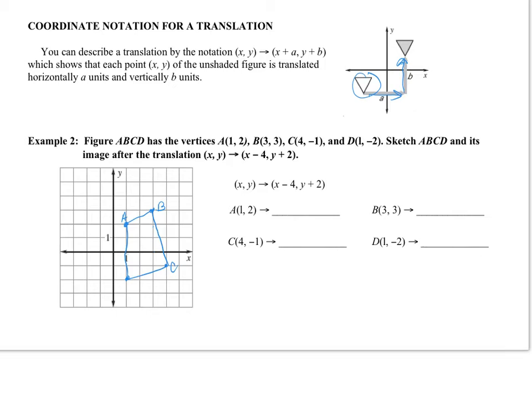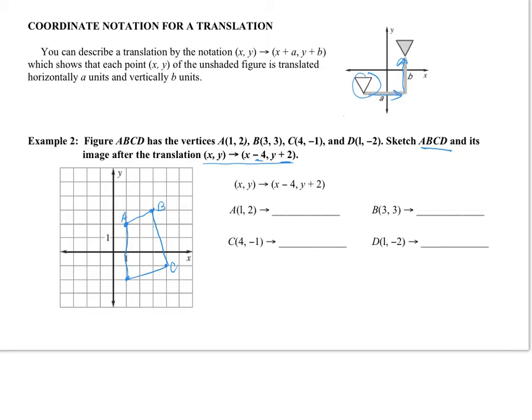Then you need to sketch ABCD and its image after the translation of four units to the left, because it's -4 here, and 2 units up because it's +2.